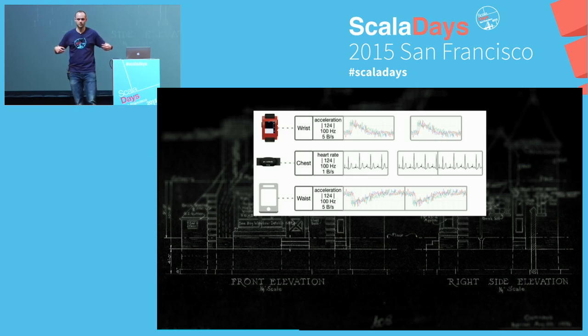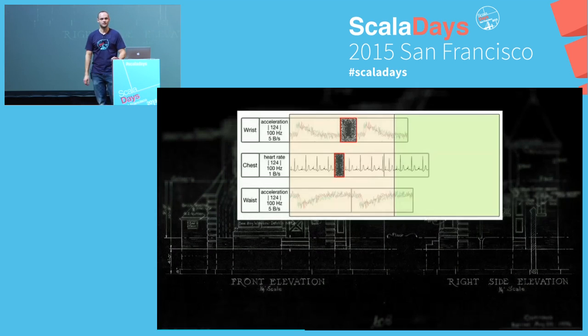And my heart rate monitor might record similar things. So it records, again, 1 byte per second now, and it has recorded 124 samples at 100 hertz sampling rate. And the mobile, remember I have my mobile, which is another thing that collects data. So if I have that in my pocket, that also collects, say, acceleration and rotation. Unfortunately, these devices like to leave gaps in the data.